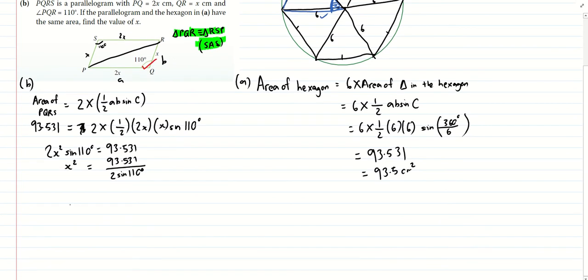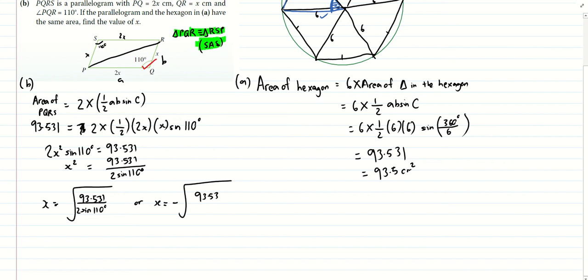So we will have x equals, now algebraically, x equals square root of 93.531 over 2 sine 110 degrees. Always remember, when I square something I will have the negative value.